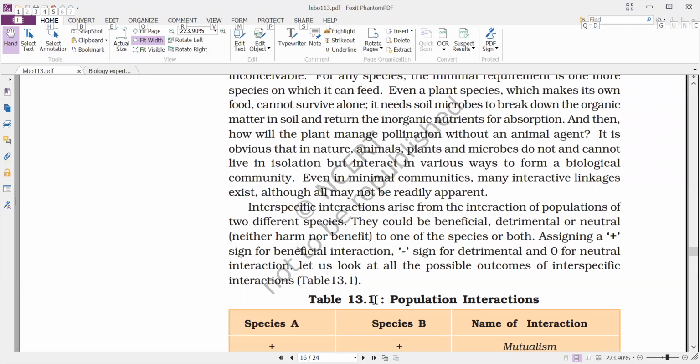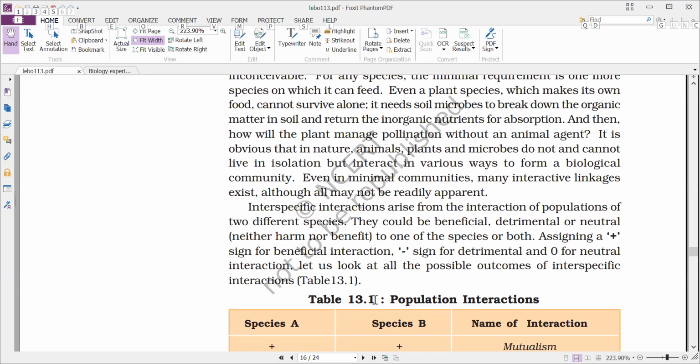These interactions may be of different types. They could be beneficial to both the species, or detrimental, that means one will be benefited and the other will be harmed or undergo death, or neutral, that means there is neither harm nor benefit to one of the species or both.